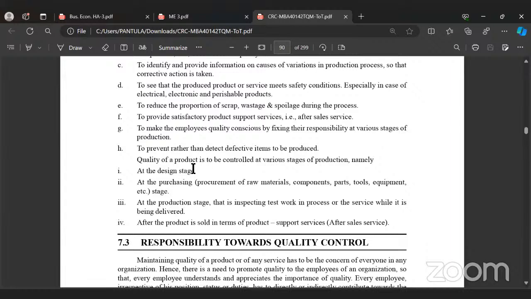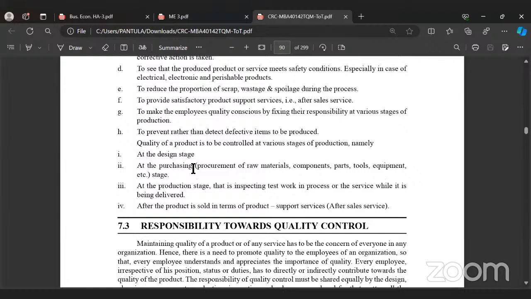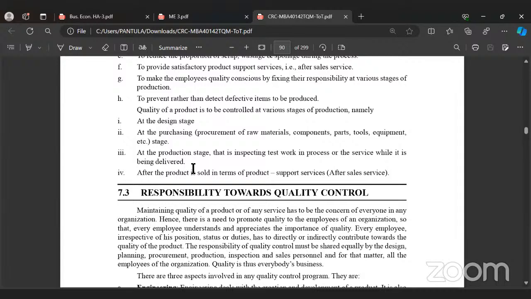See that the product is produced and serviced under safe conditions. Safety also has a very important role, including the use of electrical and electronic peripheral devices. Safety means the product should be shock proof, radiation free, eye safe. A lot of safety. Also provide satisfactory product service, that is, after-sales service.